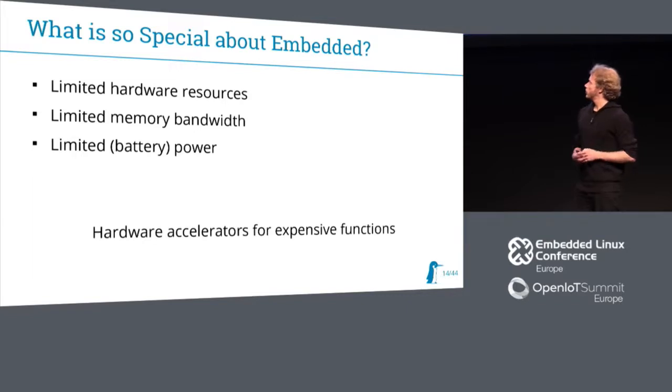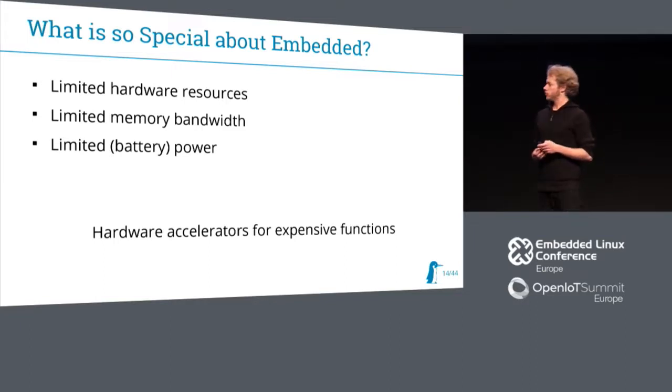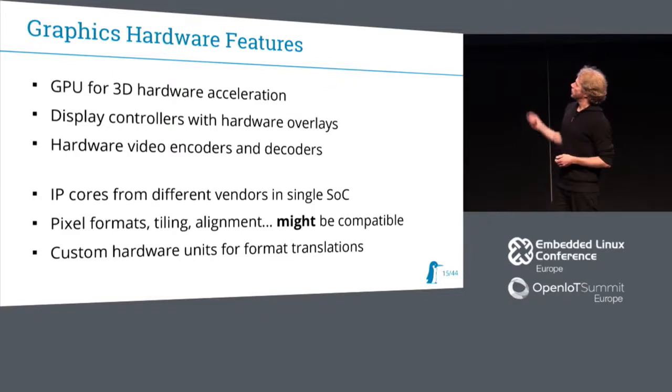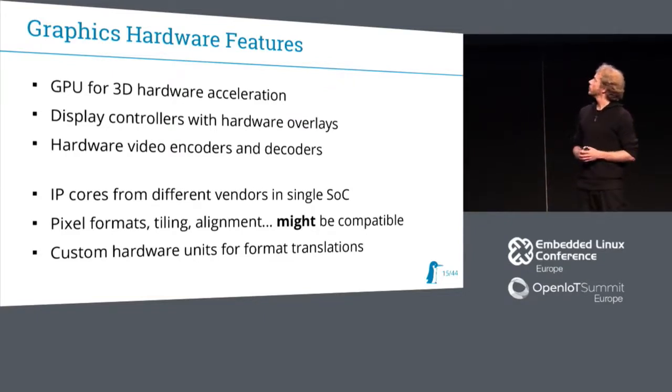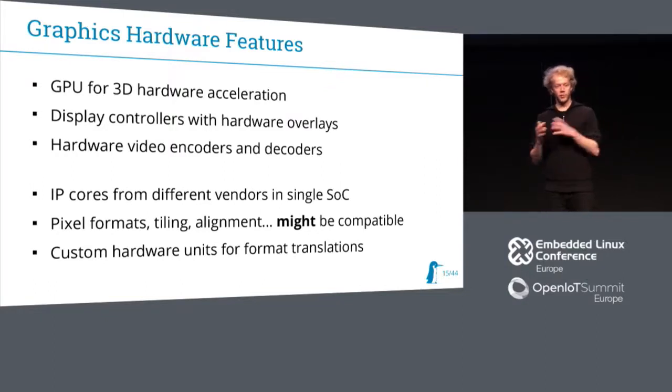Usually you have different hardware accelerators for your graphics, like GPUs, video decoders, and display. So the GPU for 3D hardware acceleration, and display controllers. Here you have especially different hardware overlays, which can be used.